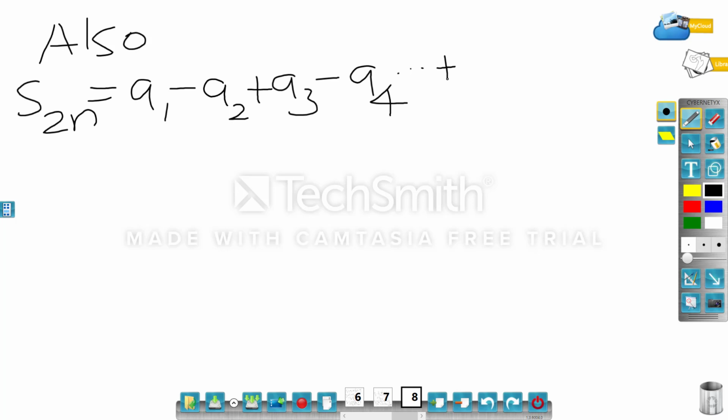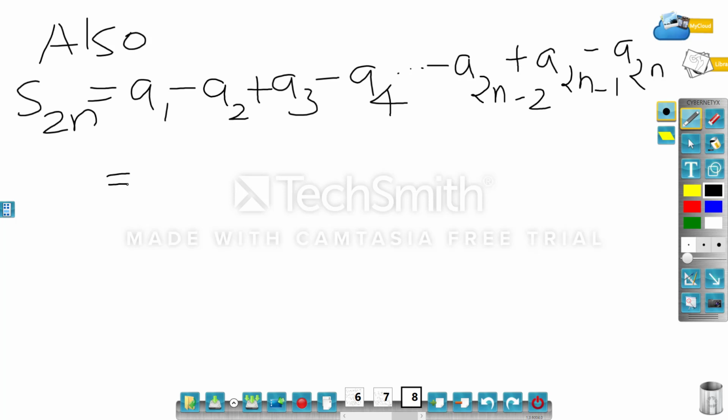So it is the same as minus a of 2n minus 2 plus a of 2n minus 1 minus a of 2n.